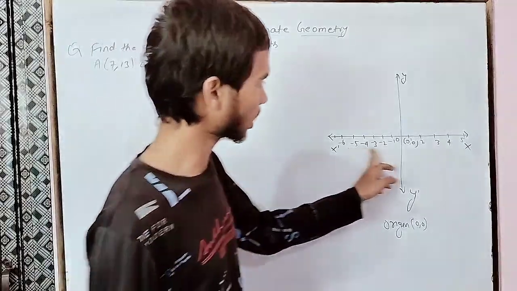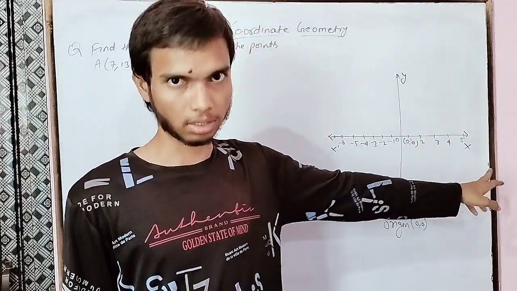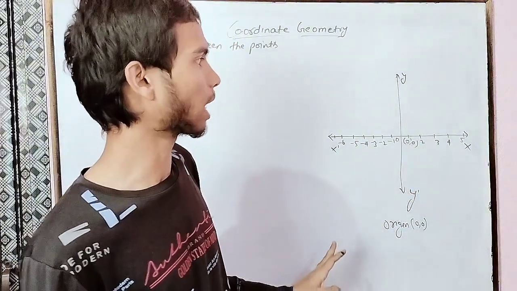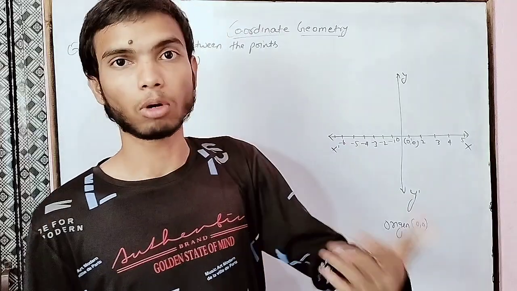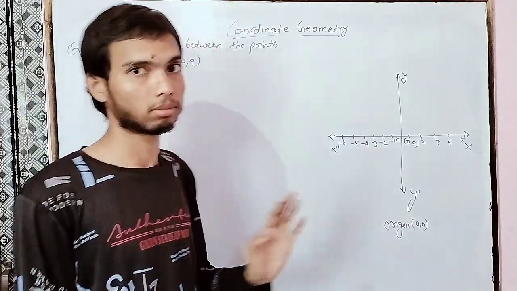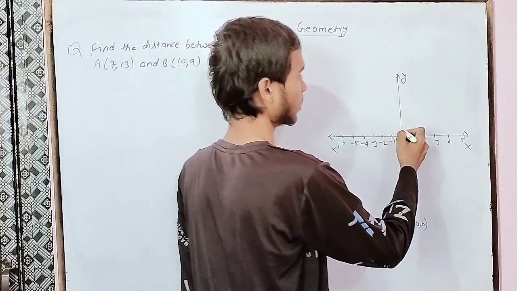So you can say we have integer numbers on the x-axis, where this side is positive numbers and this side is negative numbers. Now same here, the upward side will be positive numbers.